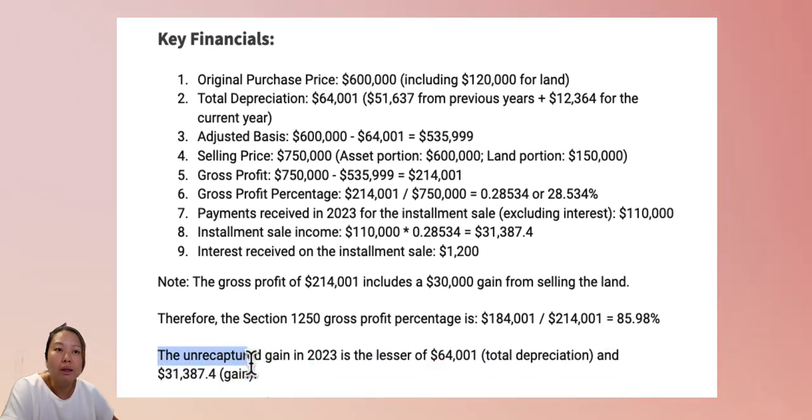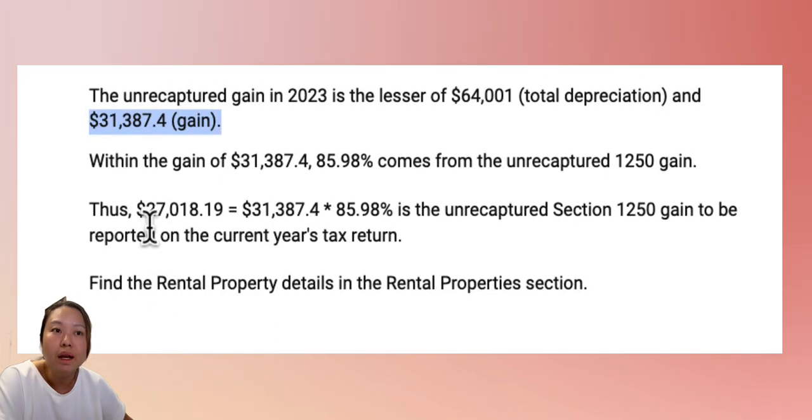So for the unrecaptured gain in 23, it's gonna be the lesser between the total depreciation and the portion of the depreciation within that capital gain. So with the gain of $31,387.40, 85.98% comes from unrecaptured 1250 gain.